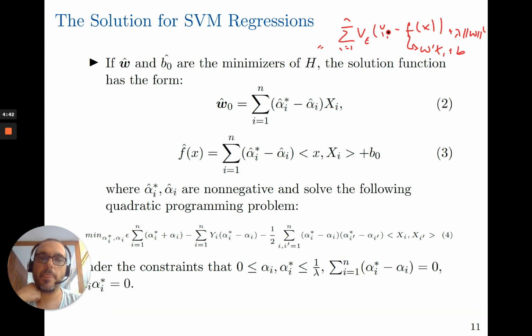And for the solution, we have this general form where w hat will be the weighted sum of the observations of the covariates multiplied by alpha star minus alpha, where these alphas are all non-negative, and they solve the following quadratic programming problem.